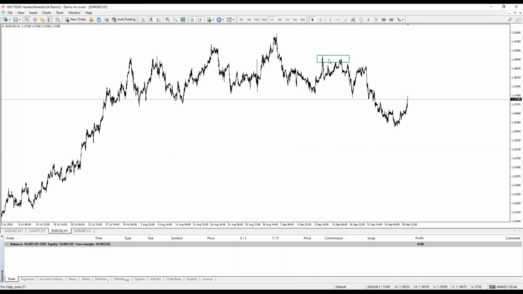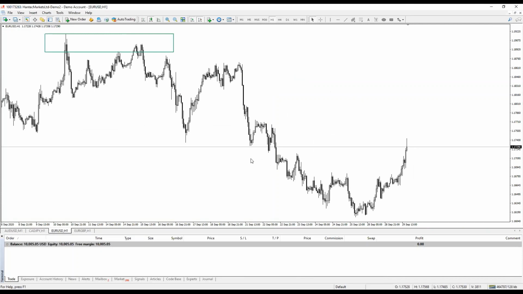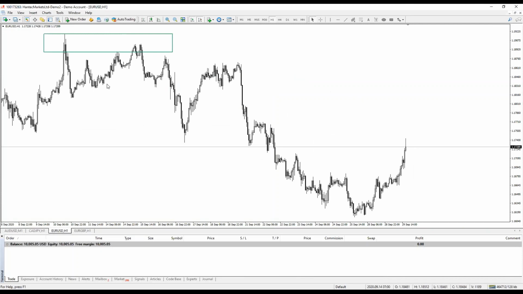Euro US dollar. Here's a Quasimodo that wasn't happening yet. Okay, so we have a demand, a supply right up on top, and price is approaching this supply and reacting.